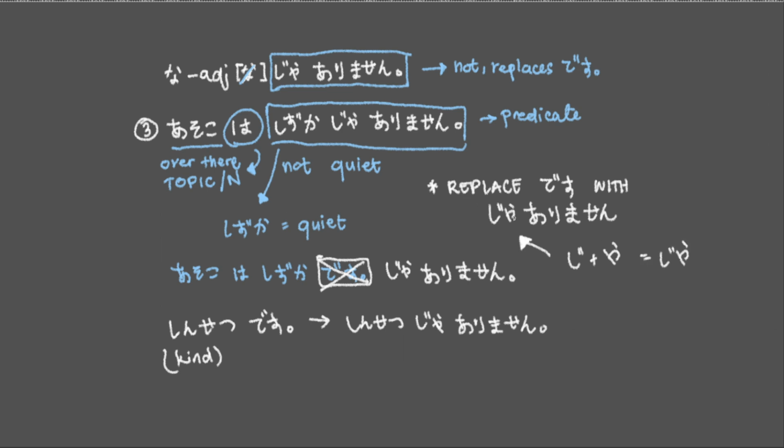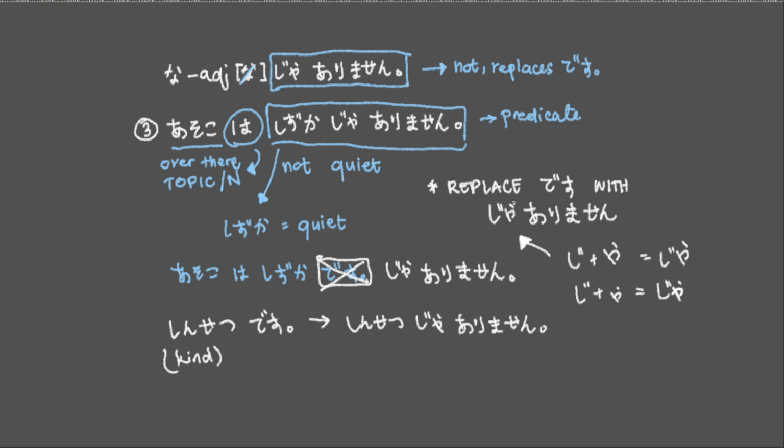But if you see here, the ya is small, so ji plus small ya equals ja. Make sure to be careful with how the hiragana is written.